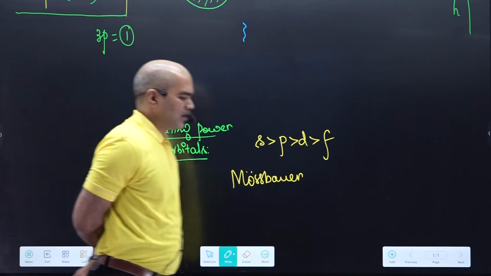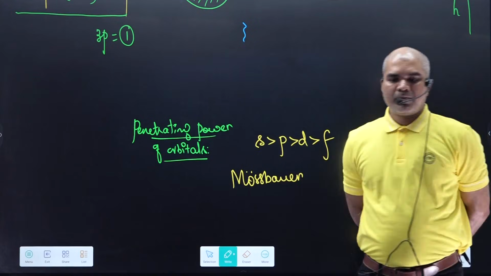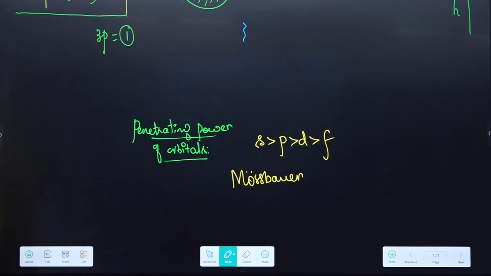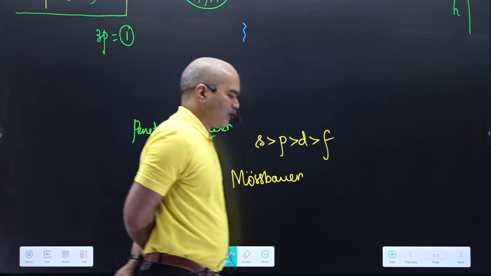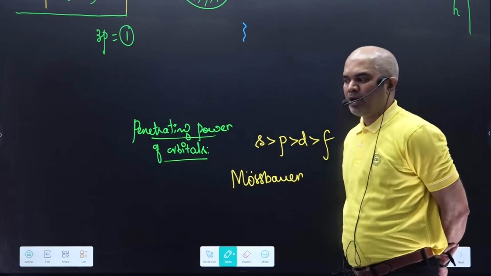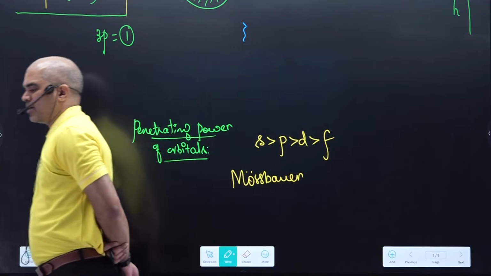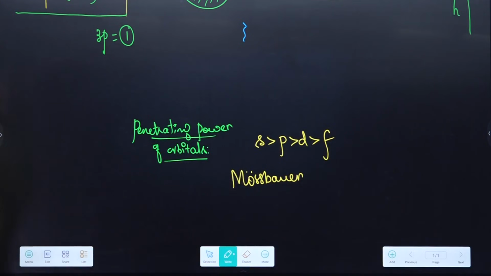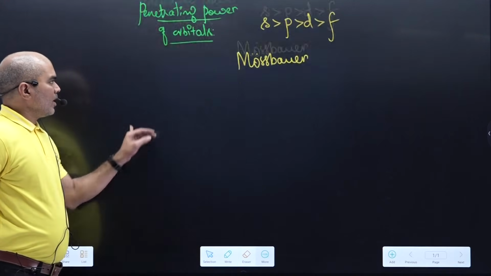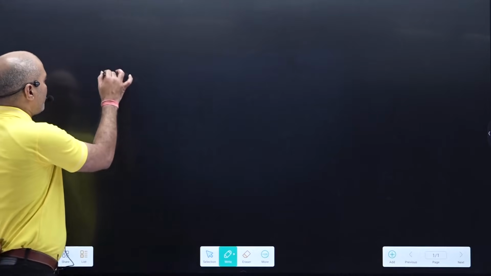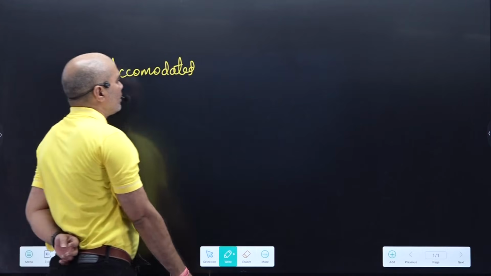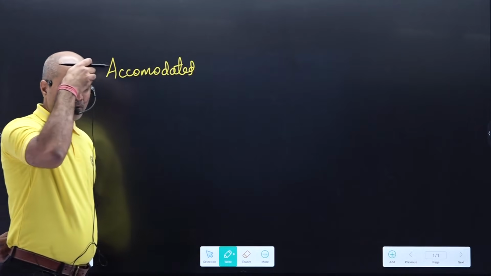Okay, now write a question. Supposing that the spin of an electron is 1, how many electrons can be accommodated in 1s orbital?